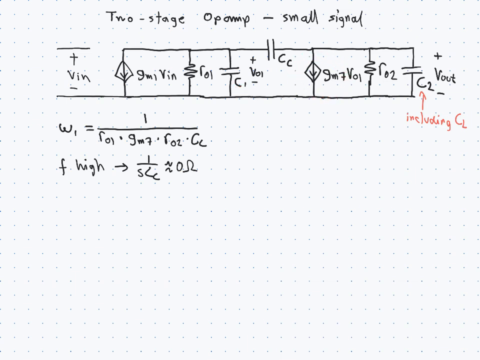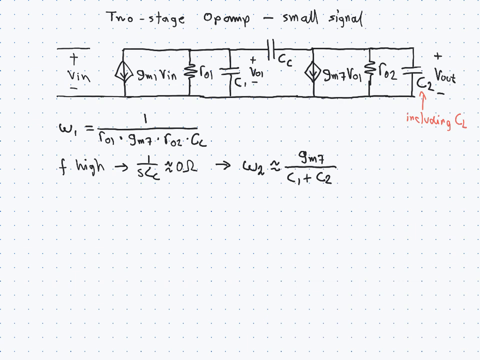Now remember, if we short circuit the two stages here, the control voltage for this voltage controlled current source is the voltage across itself, which means that this looks like a resistor. And because 1 on gm is much smaller than r_ds, that is going to be completely dominating the impedance. So we can have a fairly accurate estimate of the second pole, which is then going to be equal to gm7 divided by the sum of the two capacitances for the stages.